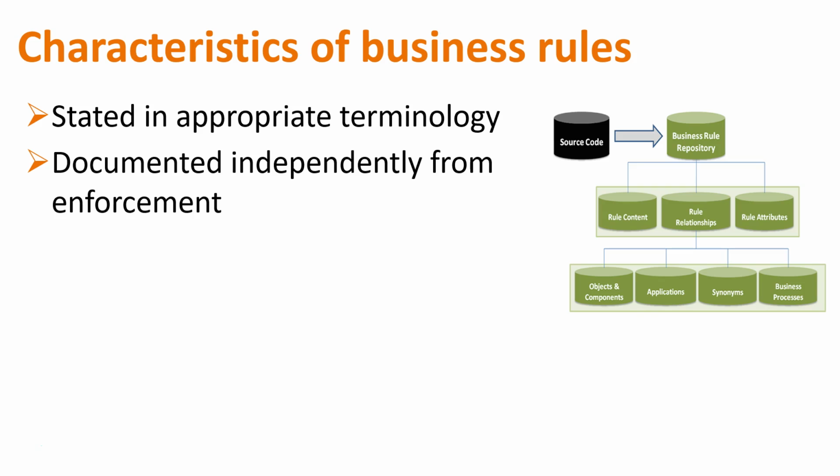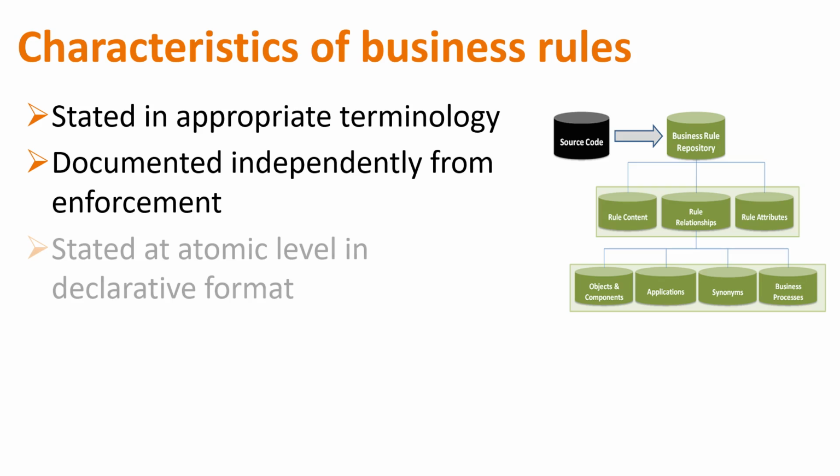It just says that alcohol may only be served if the individual is greater than 21 years of age. That's a business rule. May only if. Or you could rephrase that for must. An individual must be 21 years or older to purchase alcohol. Okay, so there's an example of a business rule.